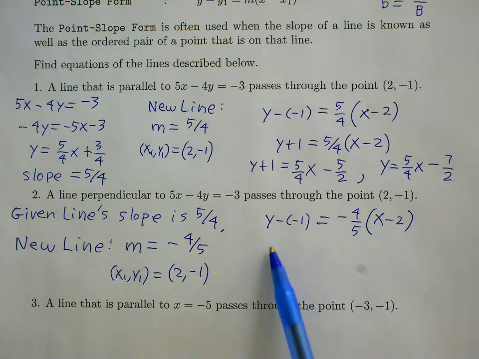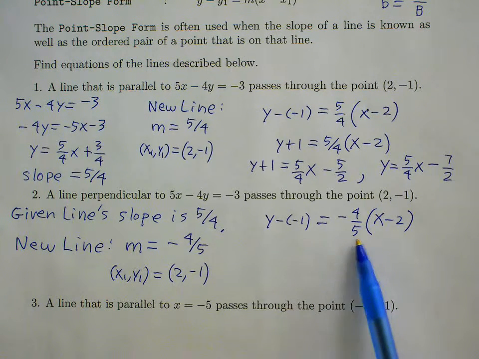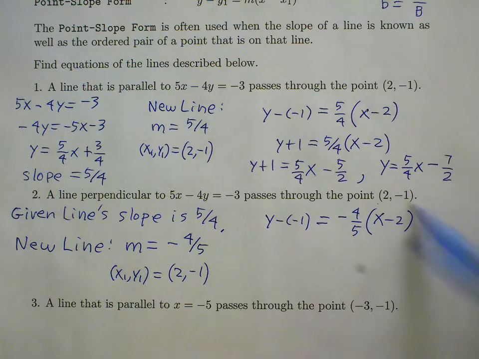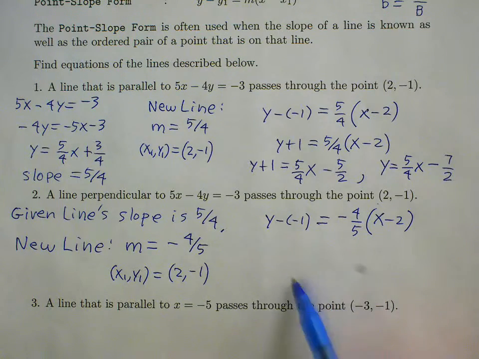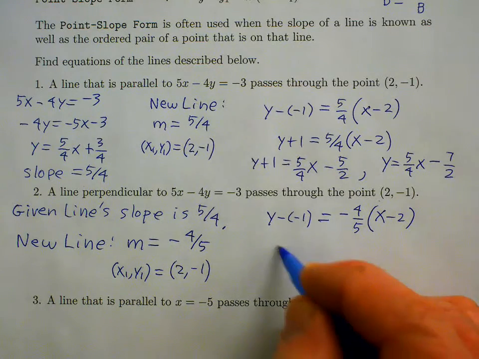So in the next step, let's do a couple of things. We'll simplify y minus -1, and we'll also distribute multiplication over x minus 2 by -4/5. Y minus -1 is y plus 1.